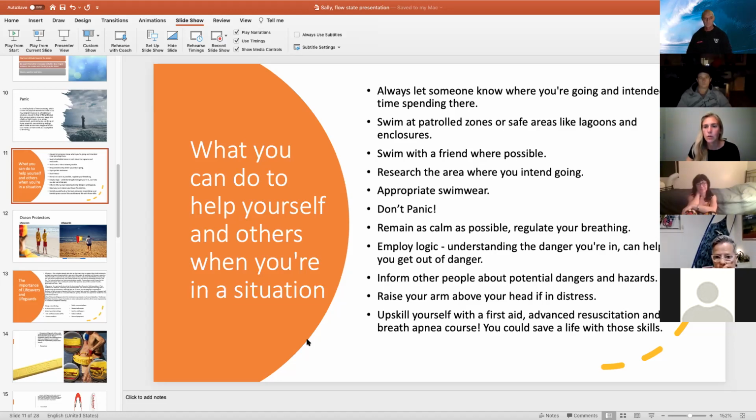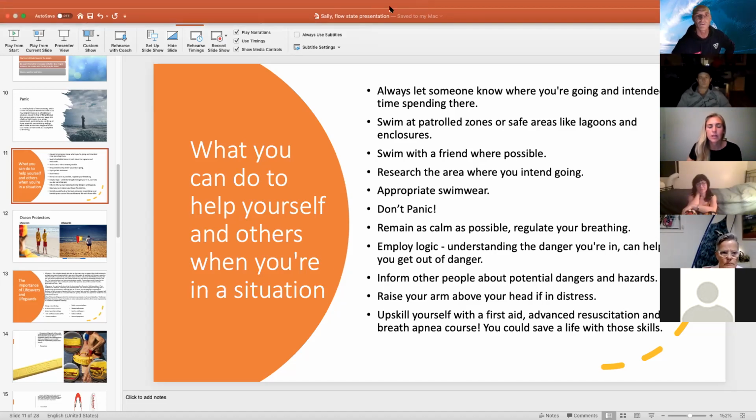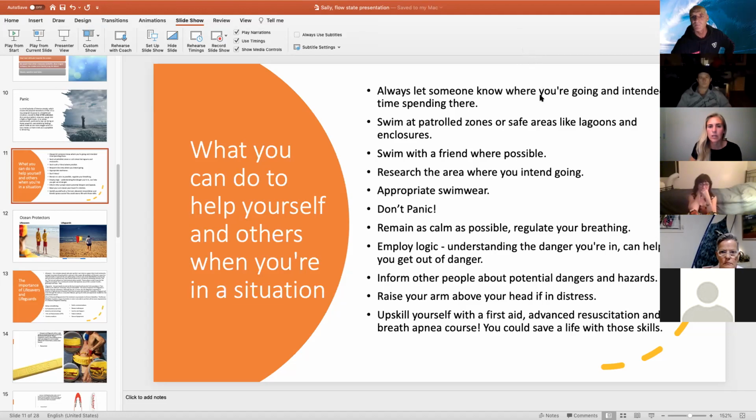Maybe, Rory, go and put it onto the grid view so we can see everybody. Does anyone have any experiences of either rescuing other people, or being rescued yourself, or even paddling out and being caught in a rip or a sweep? Has anyone got anything to add?